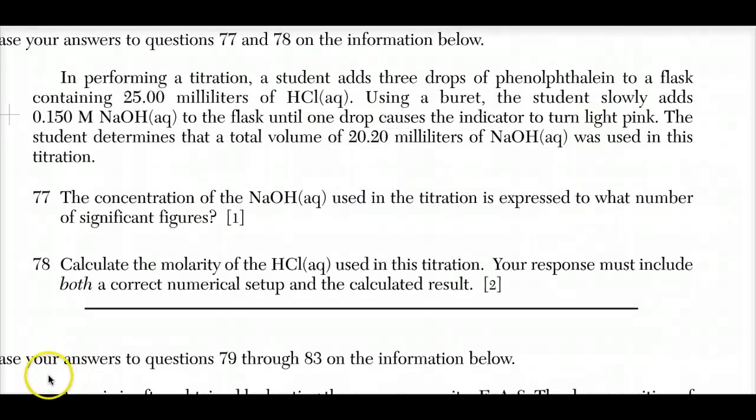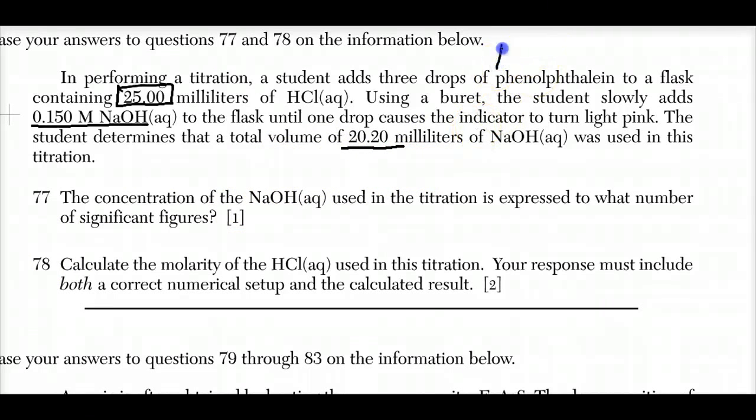In performing a titration, a student adds 3 drops of phenolphthalein to a flask containing 25.0 milliliters. Using a burette, the student slowly adds 0.15 molar base, and the student determines the total volume of the base was 20.2. So number 77, we've got a titration problem.